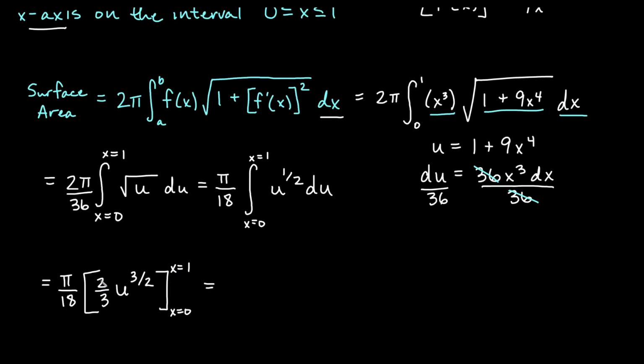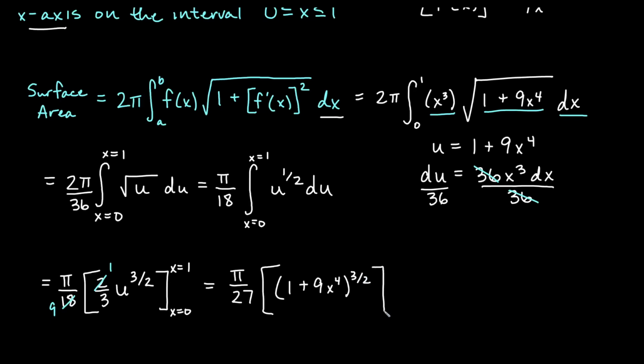So if I reduce 2 over 18, then that would become a 1, and that would become a 9. And multiplying the 9 with the 3, I'll get pi over 27. And then replacing u with my original substitution, I will have 1 plus 9x to the 4th to the 3 halves.